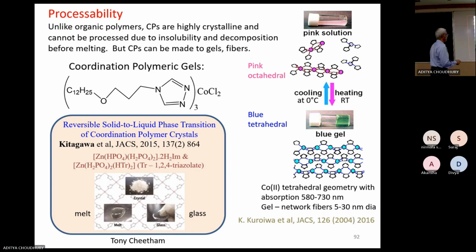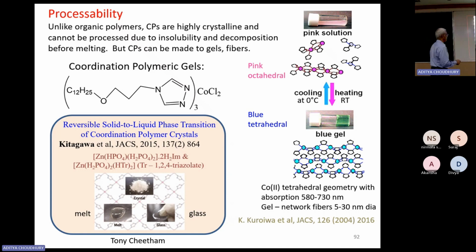It is tetrahedral, coordination number 4, in this blue gel, and it becomes octahedral, coordination number 6, in pink. That's what, according to them, is happening. So the color change is accompanied by this phenomenon of cooling and heating. This is again very unusual, it works the other way: this thixotropic property.